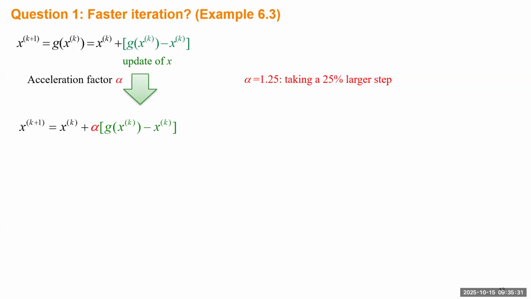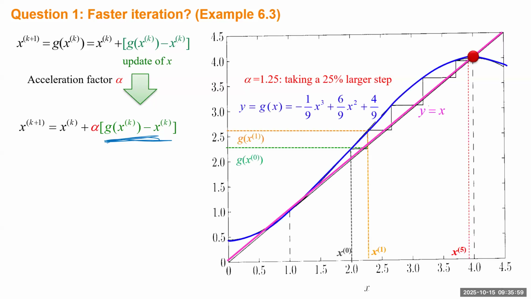If we make alpha, for example, 1.25, that increases the step by 25%. So we calculate the update, but we don't apply it directly. We multiply it by a factor. If the factor is bigger than 1, we actually update at a faster pace.